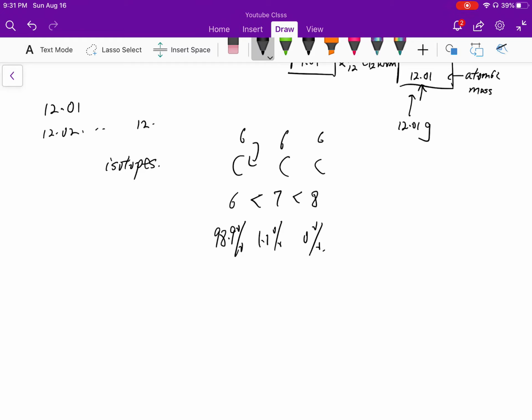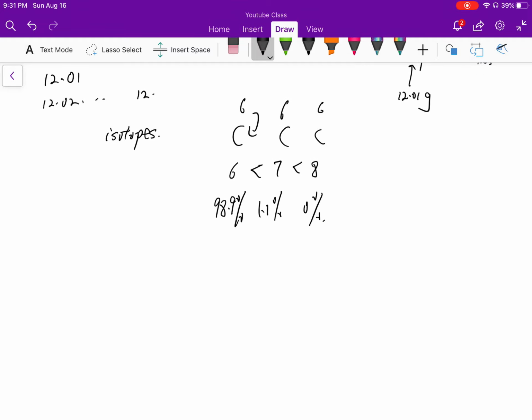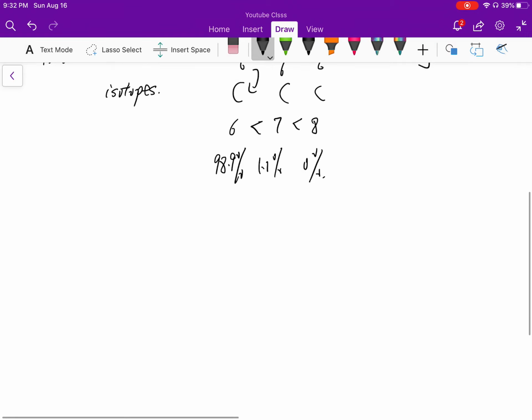So how would you calculate the mass of it? Sometimes calculating this might be confusing, so I just want to simplify this problem a little bit so we can better understand. Let's say we're talking about apples here, and there are two kinds of apples.